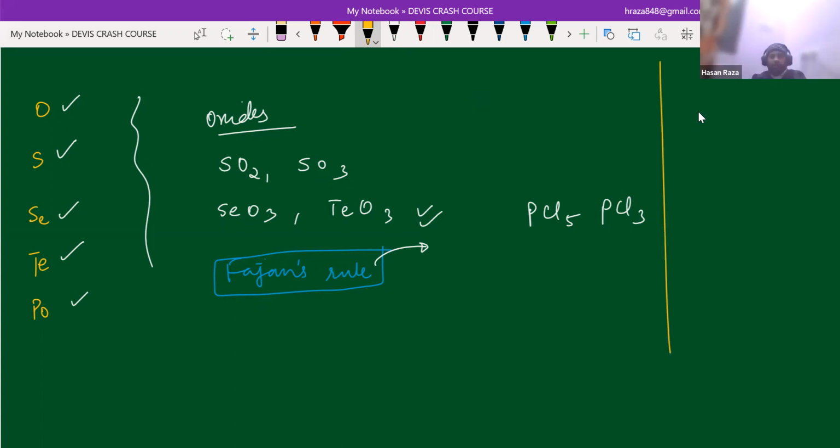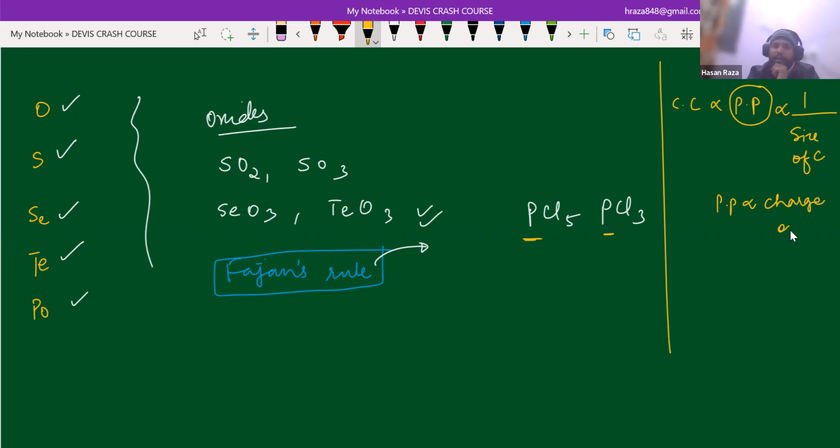So basically, Fajan's rule compares the ionic or covalent character. Covalent character is directly proportional to polarizing power, and polarizing power is inversely proportional to size of cation, or we can write it as directly proportional to charge on cation.